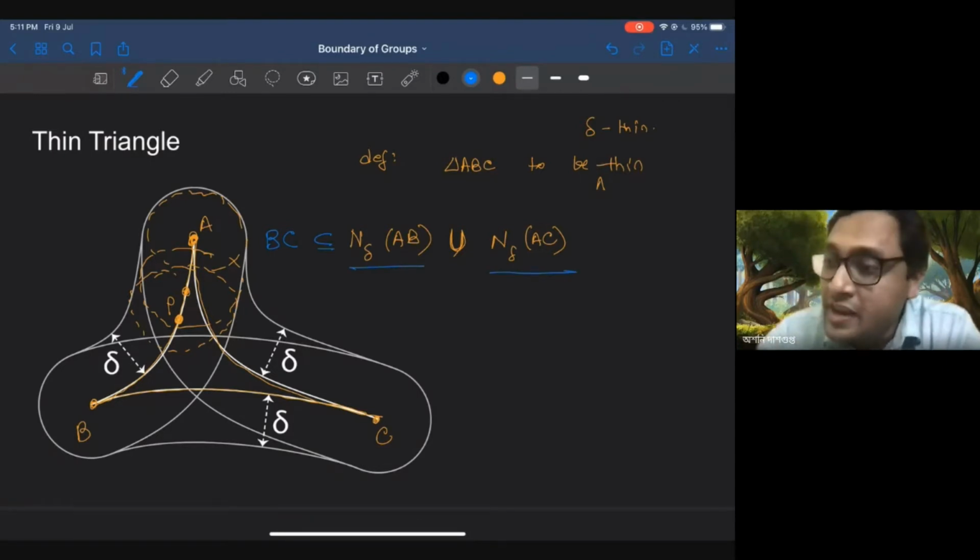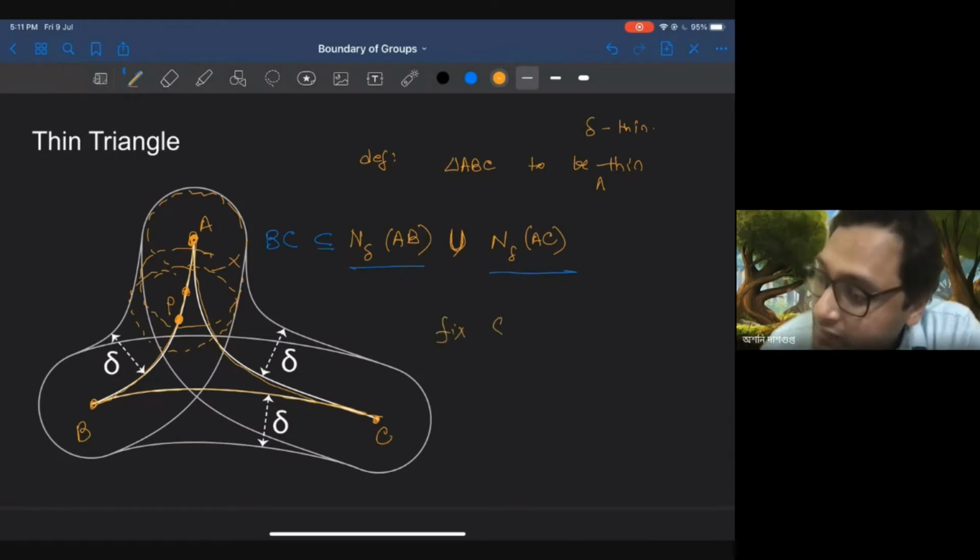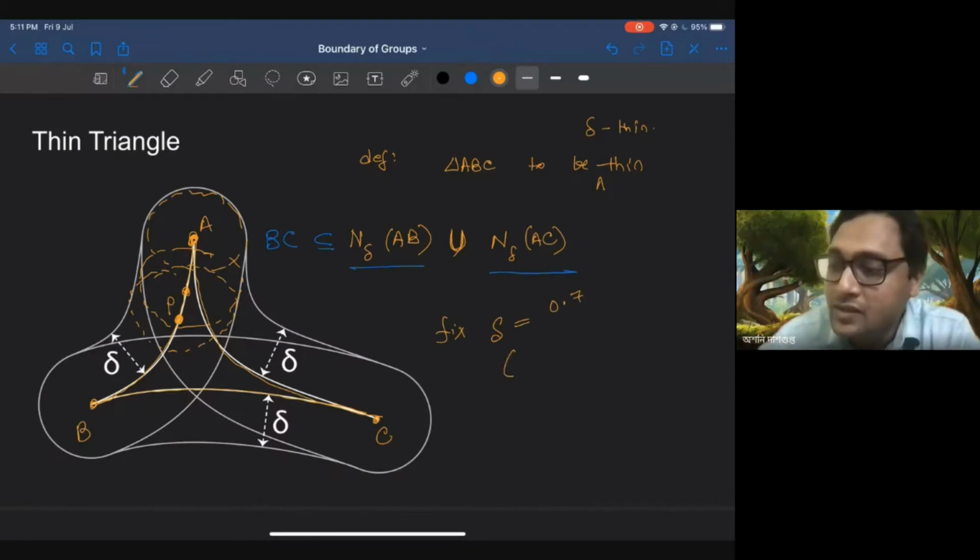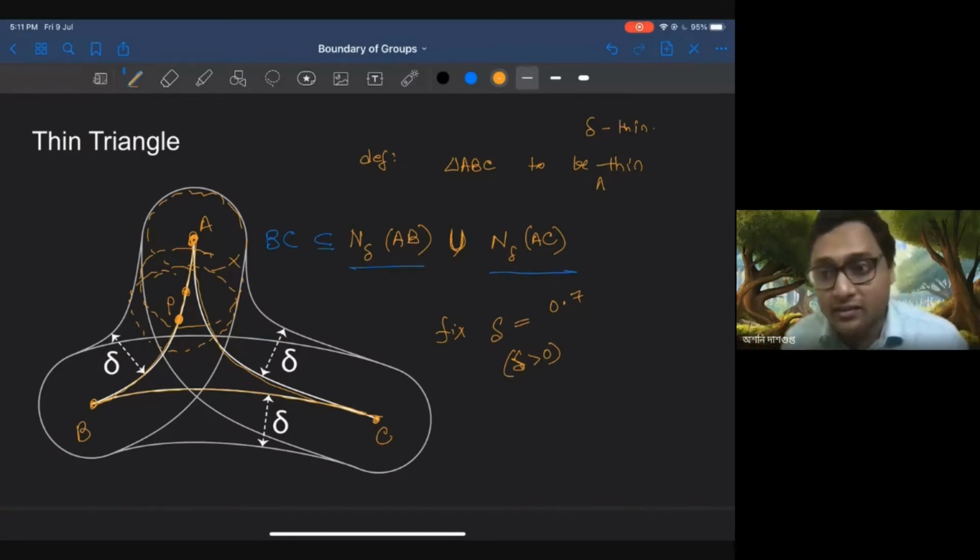But here is the tricky part. We want to fix delta. Maybe delta is 2.5 or 0.7 or some positive number. Delta is greater than 0. And we want this same delta to work for all the triangles.